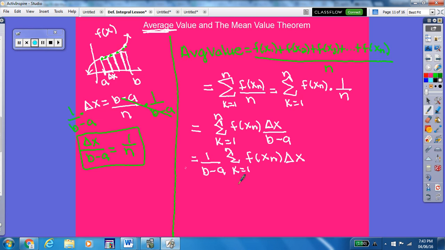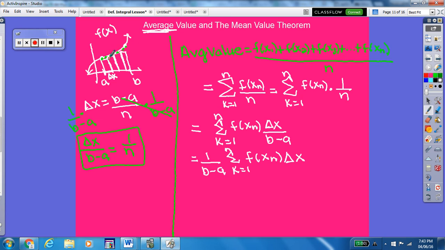Now this is how you find the average value of a function. You add up all the y values, if we were taking a specific number of them, multiply by the width of the rectangle, and then multiply by 1 over b minus a. This would be the formula. But this is just an approximation because we would be assuming a certain number of rectangles. We really want to have all the rectangles.